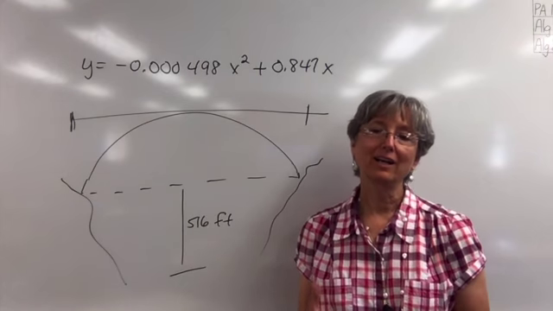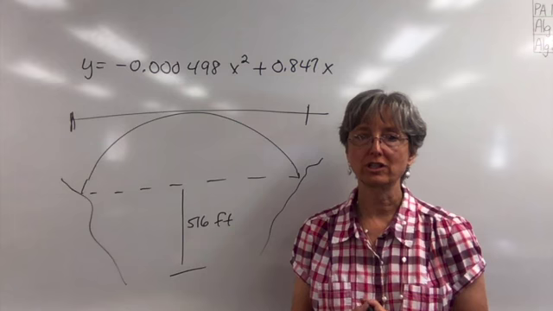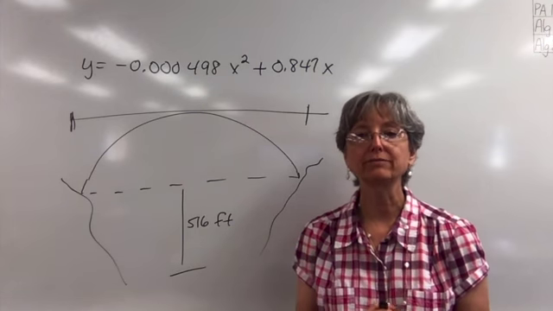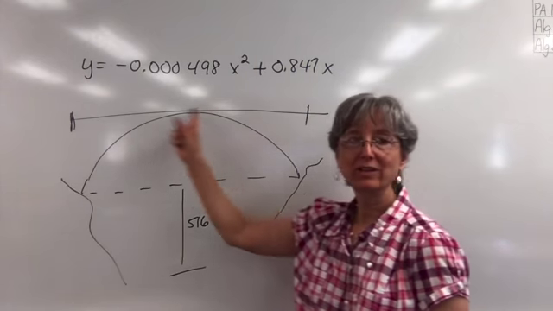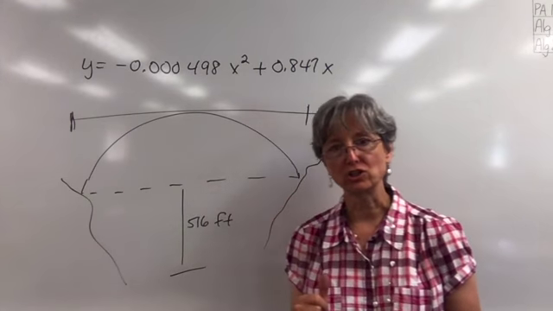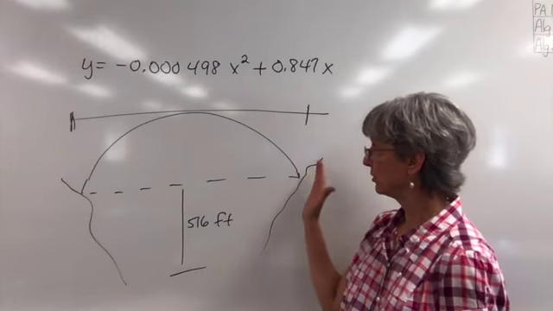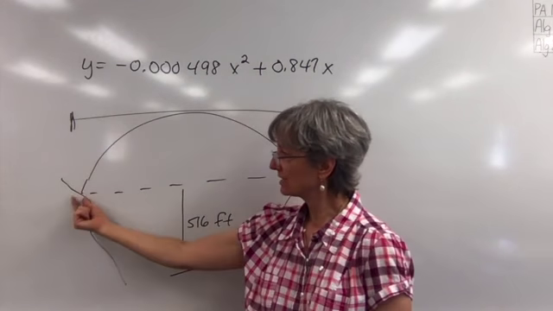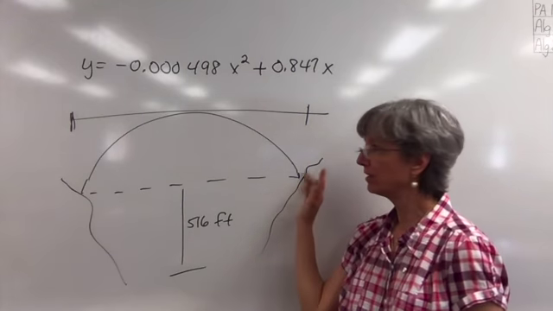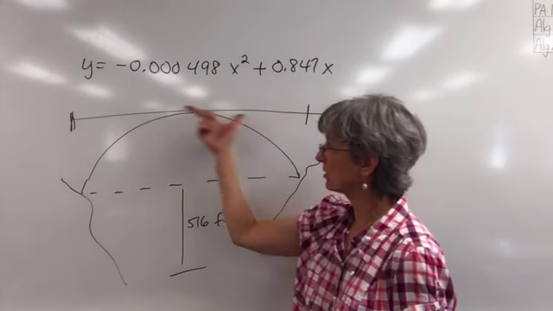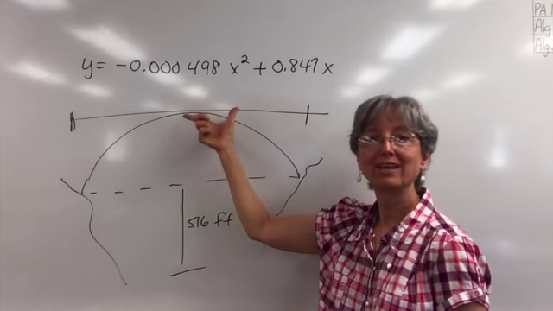Okay, let's apply this type of situation to real life. This is the example that is in your book. We have a road that's crossing a river gorge. And supporting that road is this arch that's anchored into the banks alongside this gorge right here. So they've constructed an arch which supports that road.